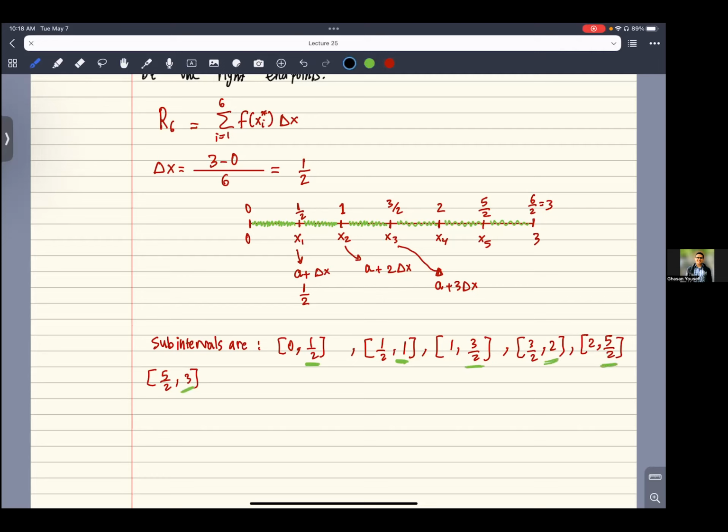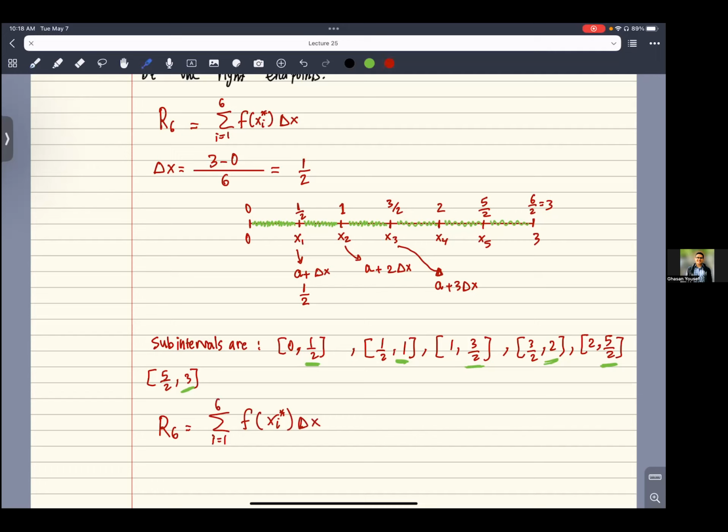Okay, I'm gonna fill in using this formula, substituting the delta x and the f of each of the right endpoints. So R6 equals the sum of f of xi star delta x, from i equals 1 to 6.